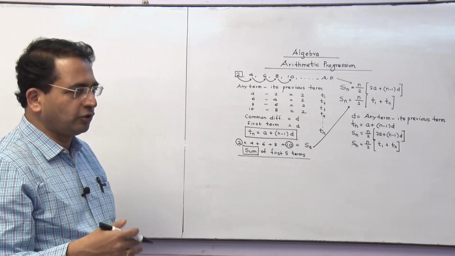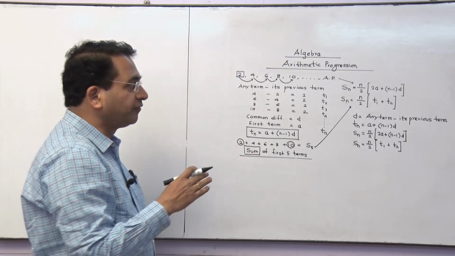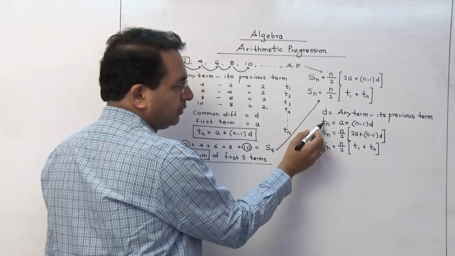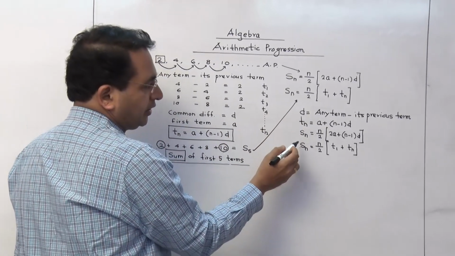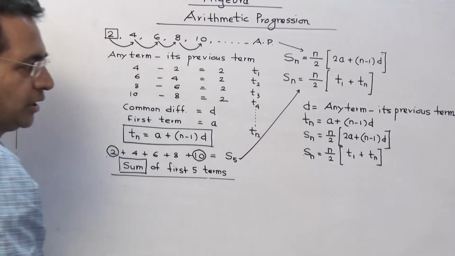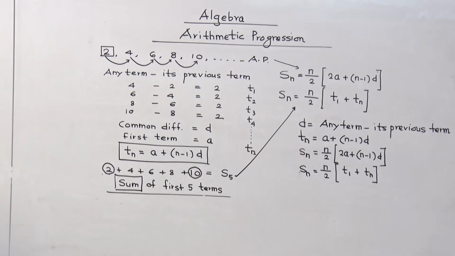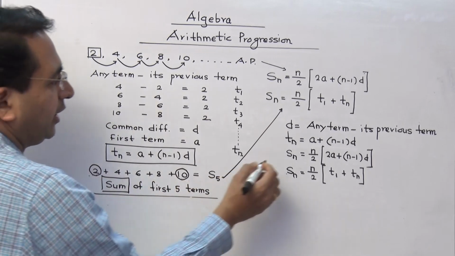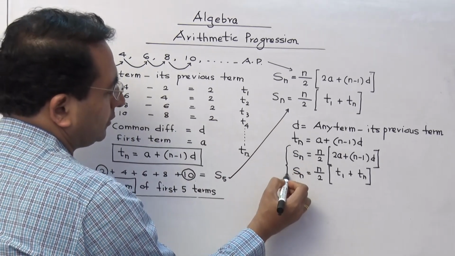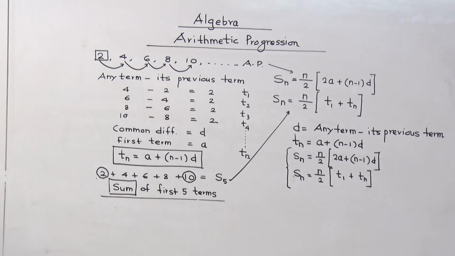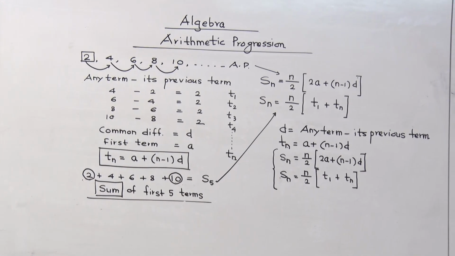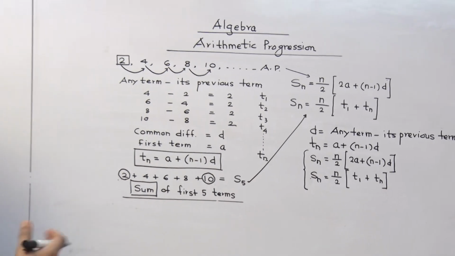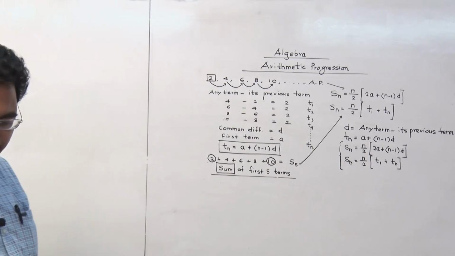Any combination when you are using, we have to first differentiate the terms. If the question is related with term number, then you have to focus on this formula. If it is related with sums, then we are going to use the addition of all the terms, and you have to focus on these two formulae. I think we'll start with some basic questions of AP, and in the next session we are going to go for some difficult sums which you may expect for 4 marks from this chapter. Okay?